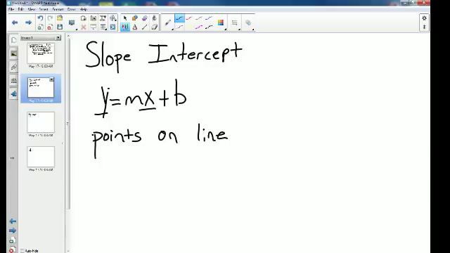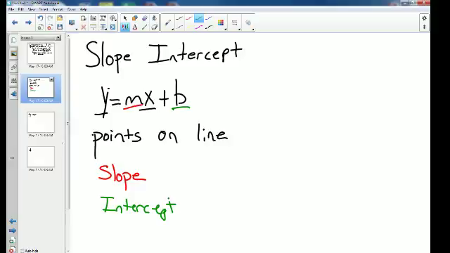These are normally a solution or something like that. Then m is going to be the slope of your line, and b is going to be the y-intercept. Hence slope-intercept form.